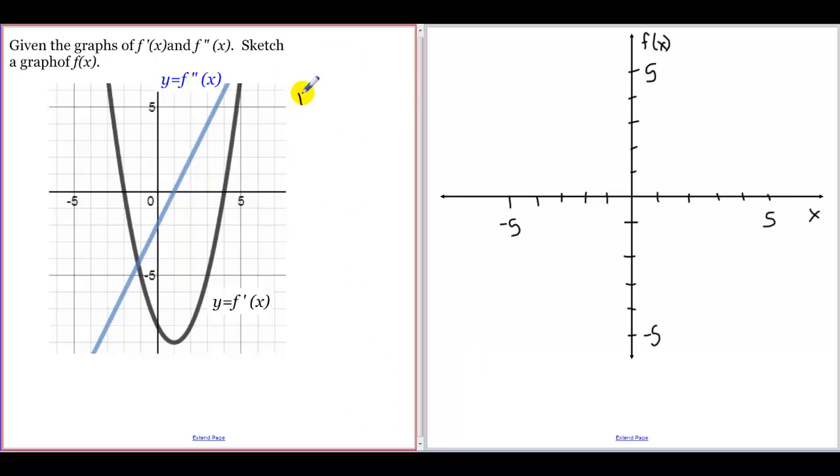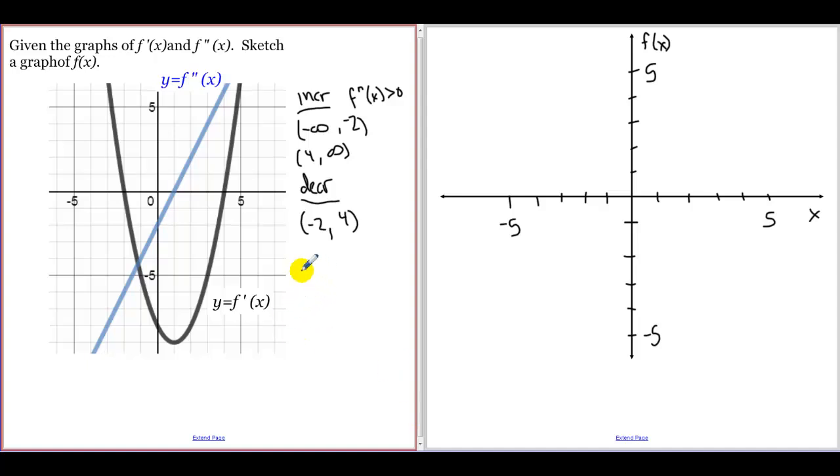Okay, so I want to know from our first derivative when we're increasing and when we're decreasing. So I'm increasing when our first derivative is greater than 0. First derivative is greater than 0 from negative infinity to negative 2 and from 4 to infinity. And we're decreasing from negative 2 to 4.